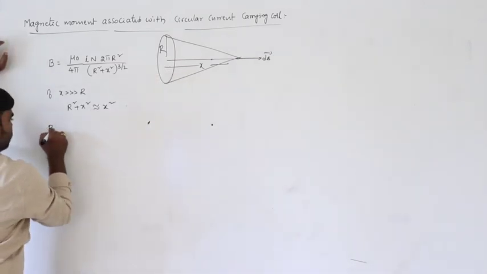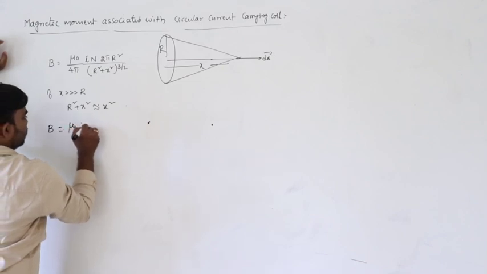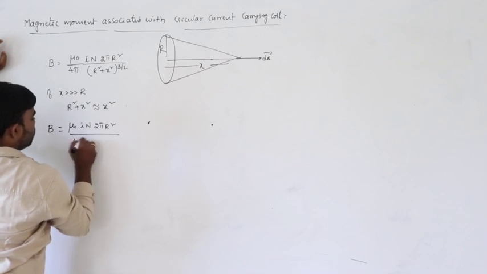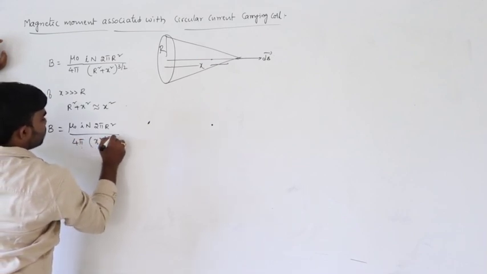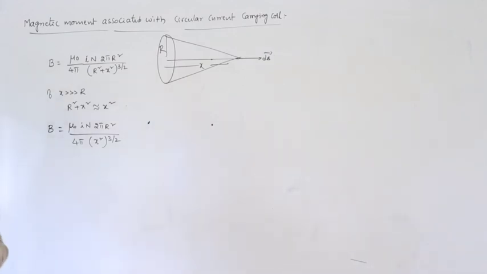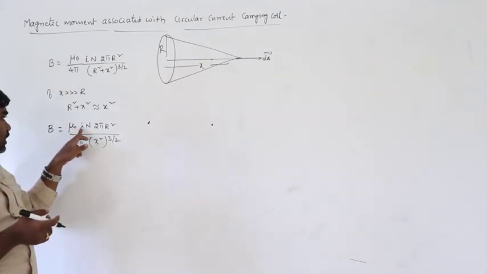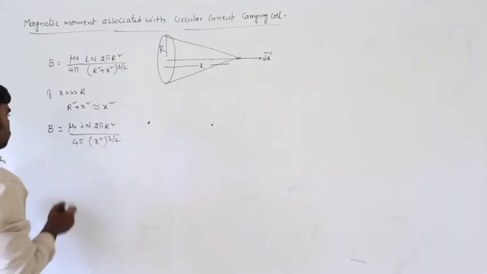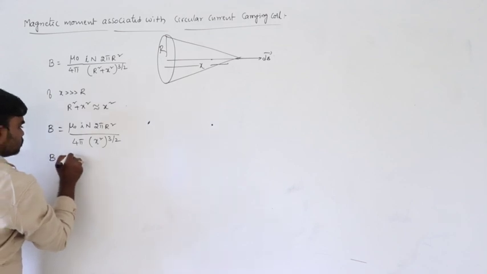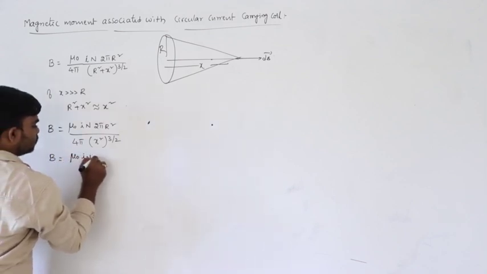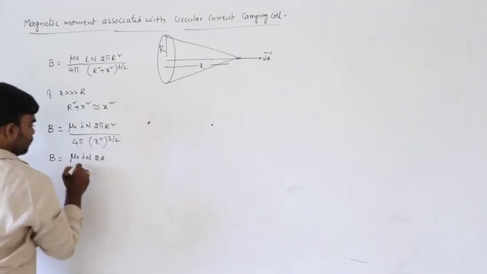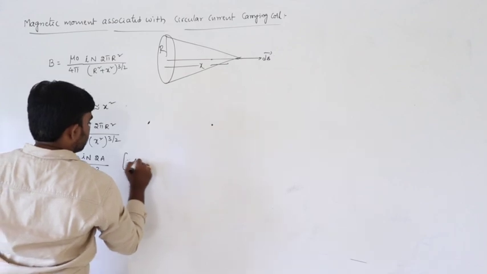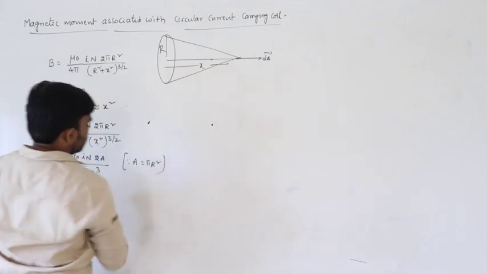So from this we can write B is equal to mu naught I n 2 pi r square divided by 4 pi into x square whole power 3 by 2. From this, B is equal to mu naught I n into 2A divided by 4 pi x cube, since the area of the circular coil is pi r square.